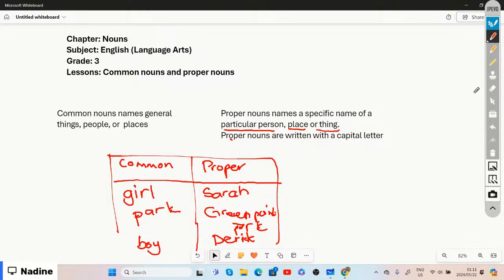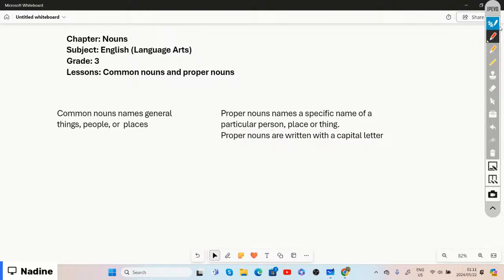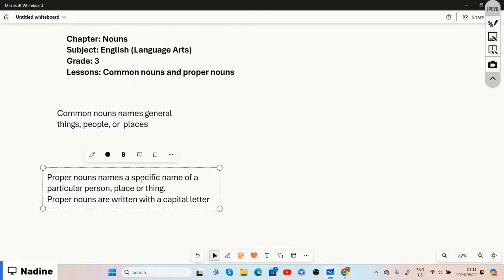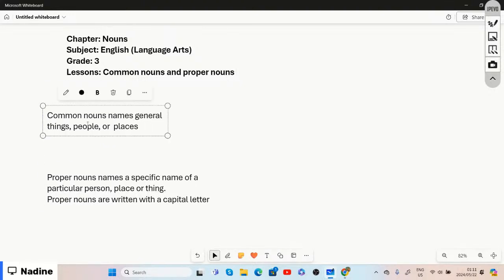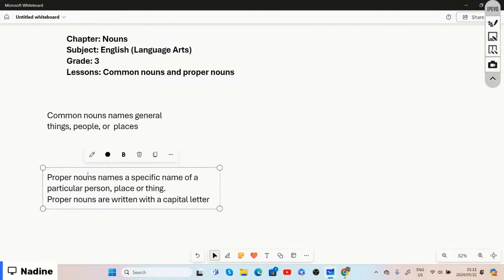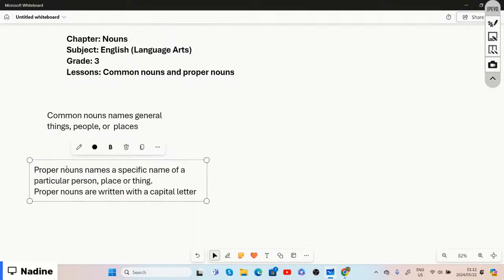All right. We said we are doing nouns, and common nouns name general things, people, or places, right? Then we have proper nouns, and they specify a particular person, place, or thing. And proper nouns are usually written with a capital letter, right?